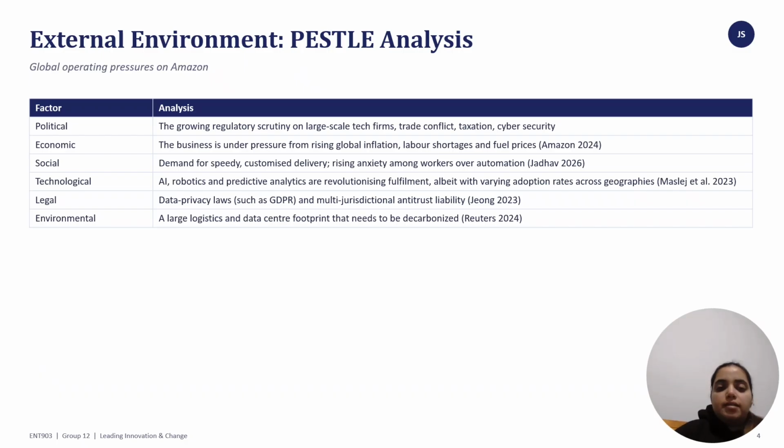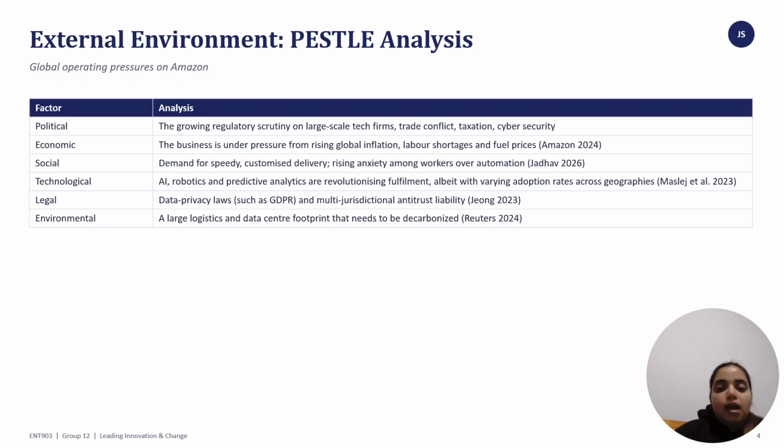Coming on to the PESTLE analysis. Our PESTLE analysis maps the external pressures Amazon operates under globally. Politically, there is rising scrutiny of big tech and cross-border trade tensions. Economically, inflation and labor shortages are squeezing margins. Socially, customers expect fast, personalized delivery, while employees are increasingly anxious about automation.